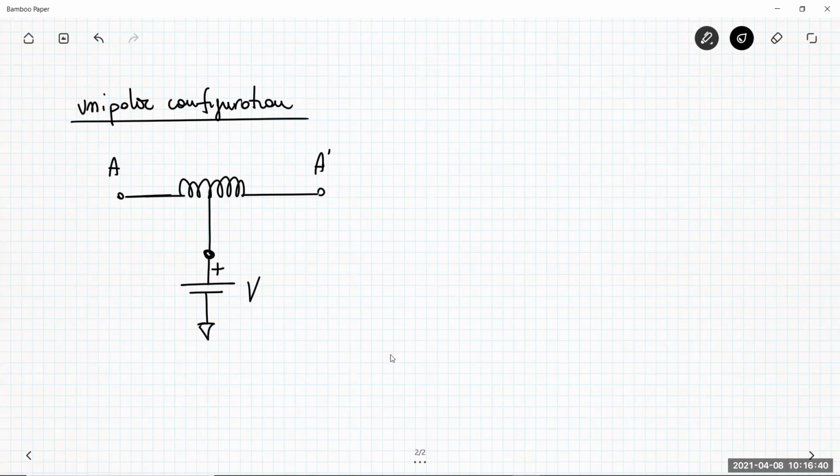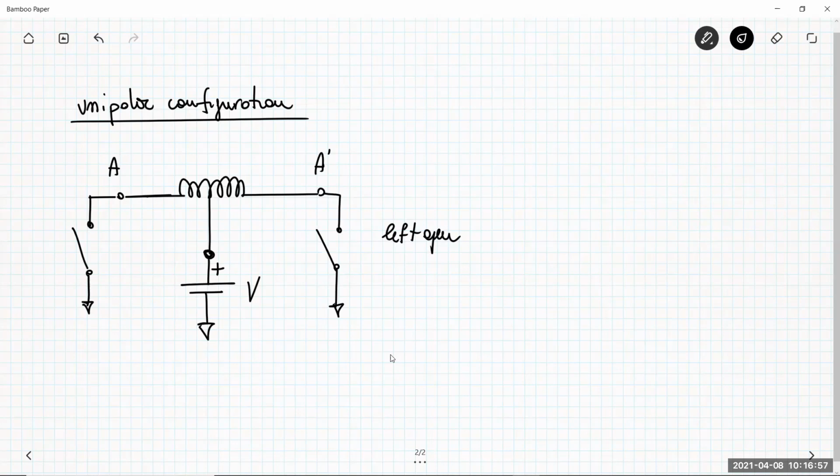They can be left open, or they can be shorted to ground.